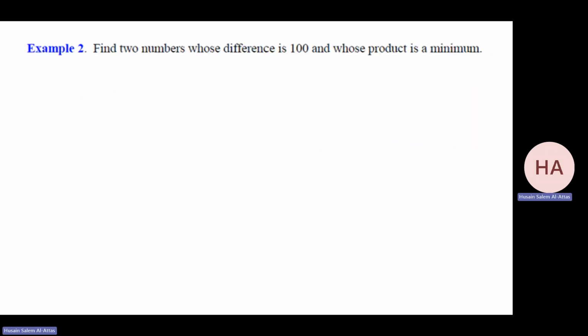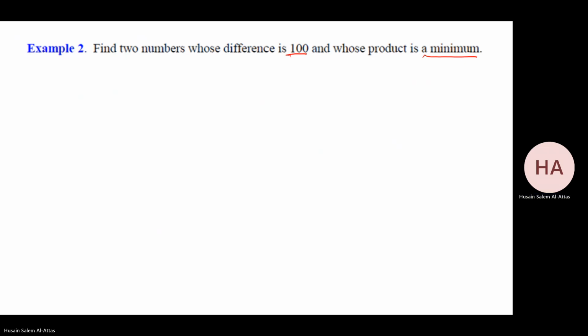Find two numbers whose difference is 100 and whose product is a minimum. Okay, I need to find two numbers whose difference is 100 and whose product is minimum.